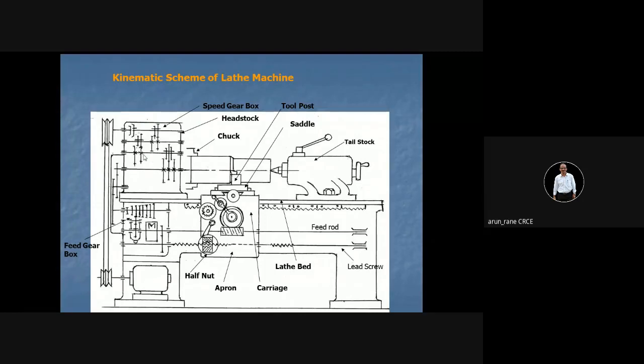Now on this shaft you have another gear. See this, this gear is meshed to this. So finally the drive will transmit from here to here. Now this gear is mounted on the spindle, and on this spindle the workpiece is mounted. So this is how the drive is transmitted from the motor to the workpiece.